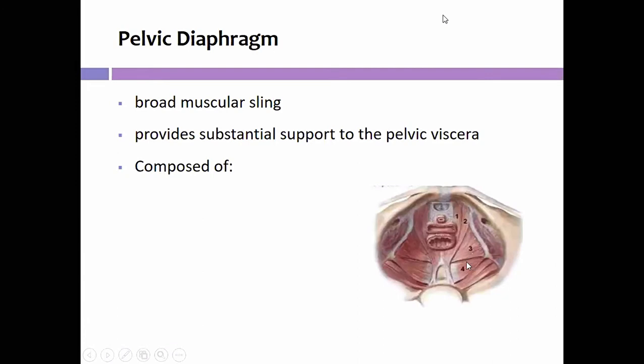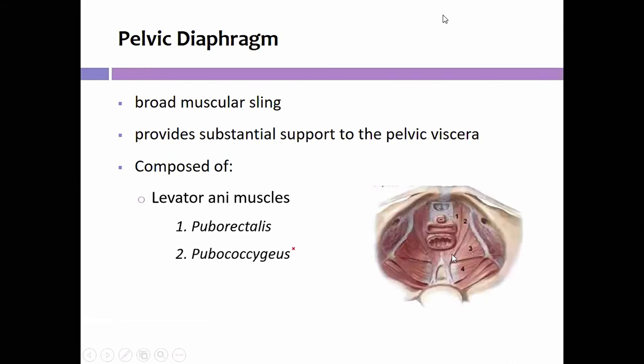And this pelvic diaphragm is composed of the levator ani muscle, which comprises the puborectalis muscle, the pubococcygeus muscle, and the iliococcygeus muscle. So these form the levator ani, and another muscle here is the coccygeus muscle.